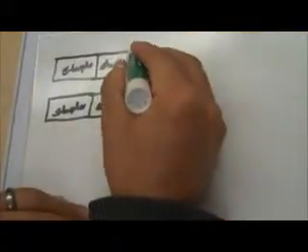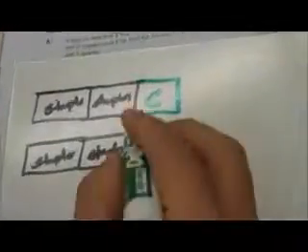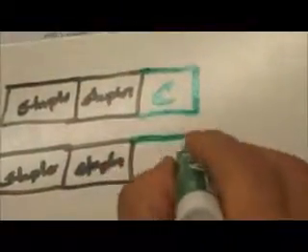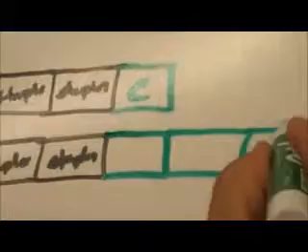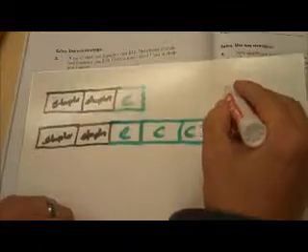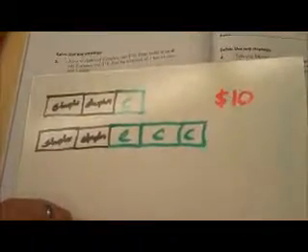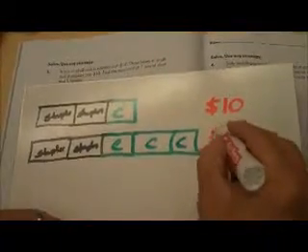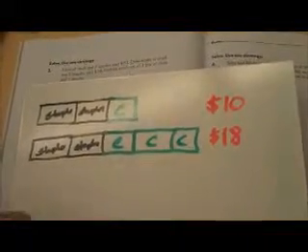Now what becomes a little different is in the first one we have chalk in 1 box, but the other one says that we have 3 boxes of chalk. Now one vital piece of information that we need to remember is that the first one is going to cost us $10. On the second one, it's going to cost us $18.